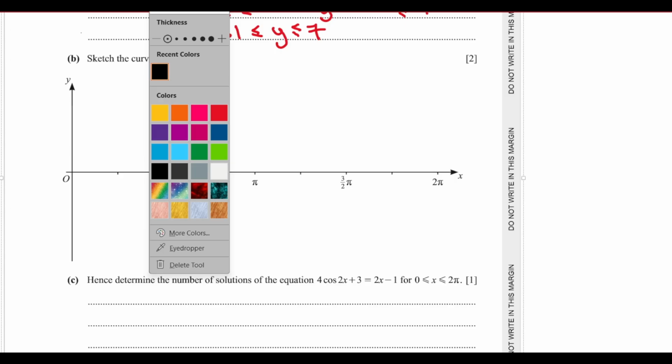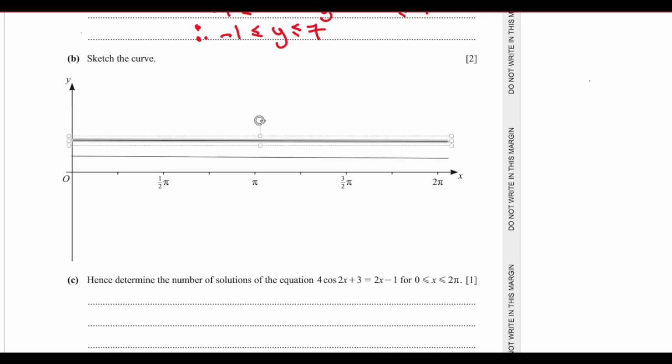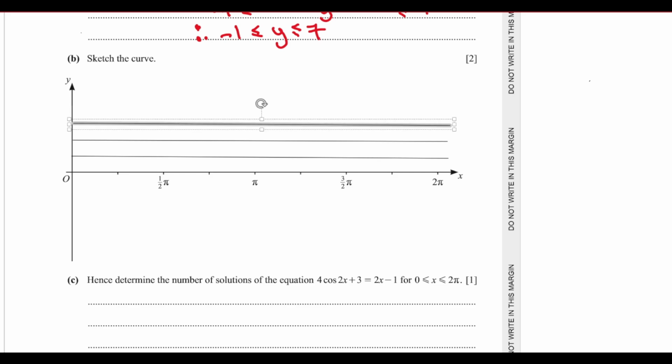So what am I going to do? I'm going to count in 2. So yes, 2. So this you'll maybe do in pencil. Let's say 2, 4. This is going to help us draw. 2, 4, let's say that's 6, and then 8.